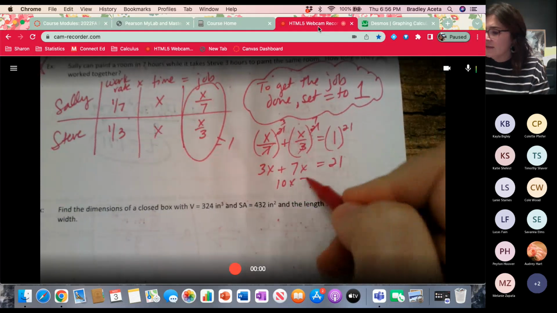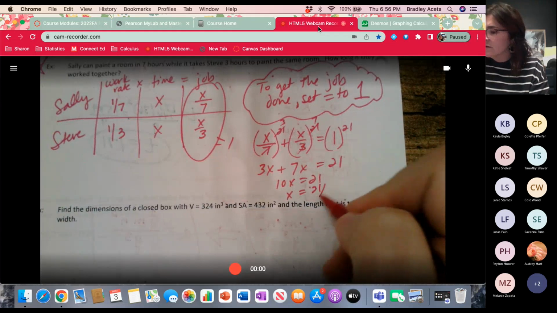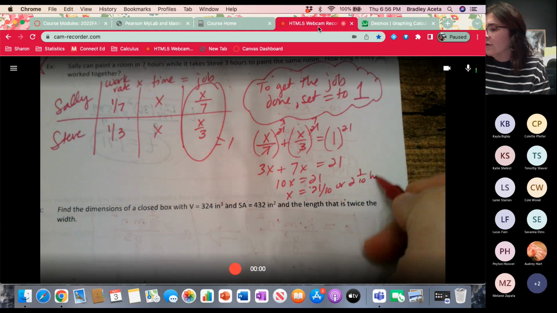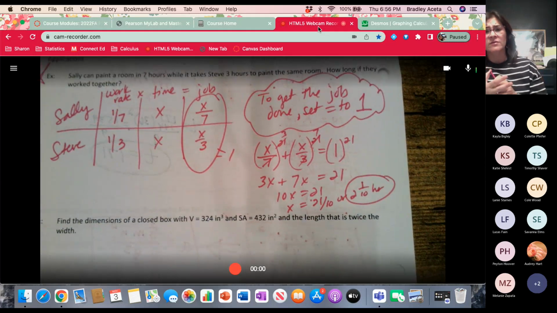And that makes 10x. And x is 21/10 for 2 1/10 of an hour. It will take them 2.1 hours to finish that room. So an easy problem to do, and definitely one that you're going to see multiple times.